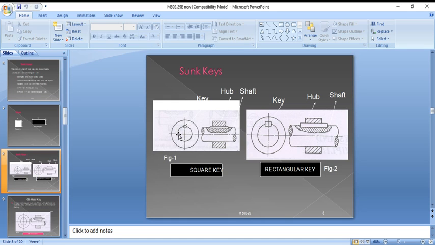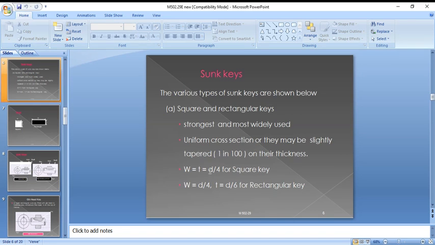So this is a square sunk key and this is a rectangular sunk key. The cross section of the square key is square and of the rectangular key is rectangular. Here the width and thickness for the square key are equal to d/4, where d is the shaft diameter, whereas for the rectangular key the width is d/4 and the thickness is d/6.